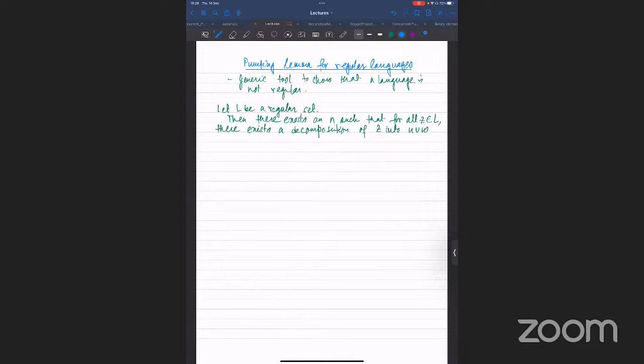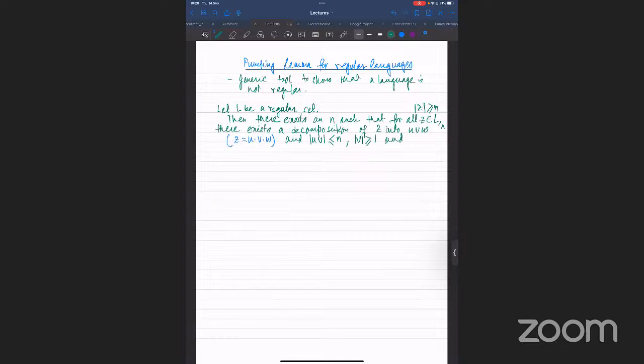So there exist strings U, V, W such that Z equals UVW, and the length of UV is less than or equal to N. For all Z, the length of Z should be greater than or equal to N, the length of UV is less than or equal to N, and the length of V should be greater than or equal to 1. It cannot be an empty string.